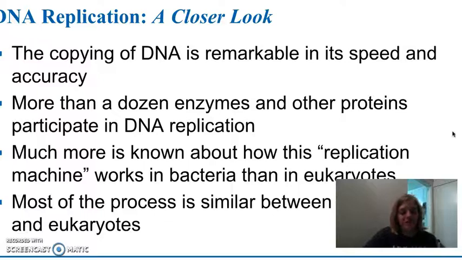If you read the textbook, you're going to see a lot of enzymes listed, but I've tried to isolate the ones that you need to know for the AP exam for this particular presentation. We also know a lot more about how DNA is replicated in bacteria, so we'll be using E. coli as a model, but a similar process also happens in eukaryotes, and for the most part we've come to understand that the process is very similar between both prokaryotes and eukaryotes.